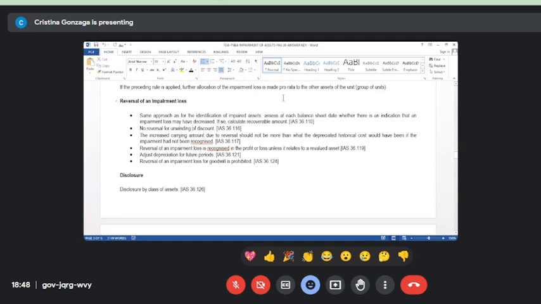Kunwari, let's say, nakabawi. Okay? So, ire-reverse mo yung impairment loss. O sabi mo, teka, maliit lang naman tong impairment loss, meron pang matitira. The gain on reversal of impairment should only be limited to the impairment loss that you recorded in the previous period. Hindi pwedeng you should not what?